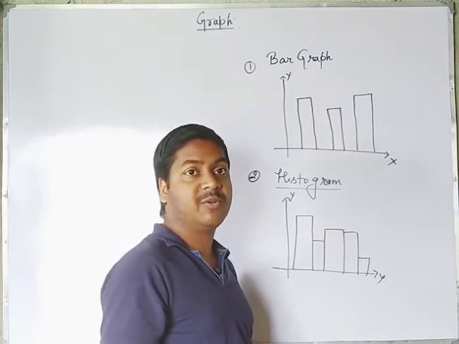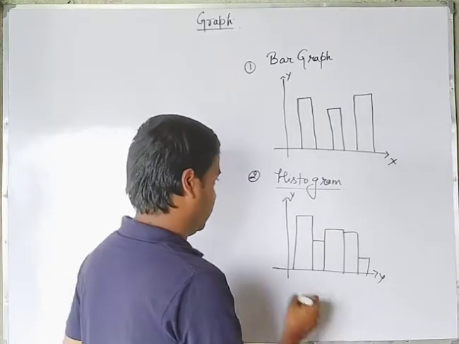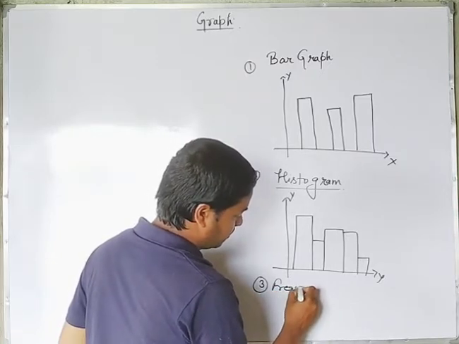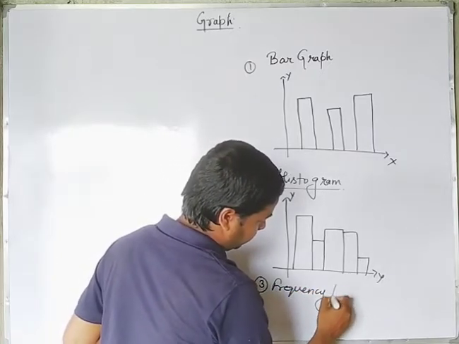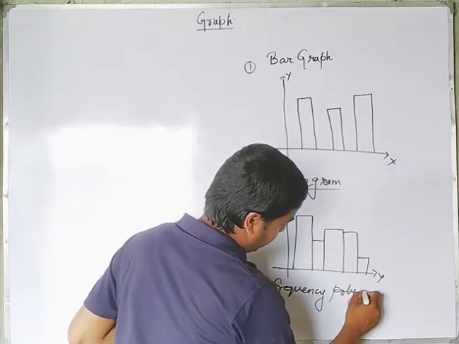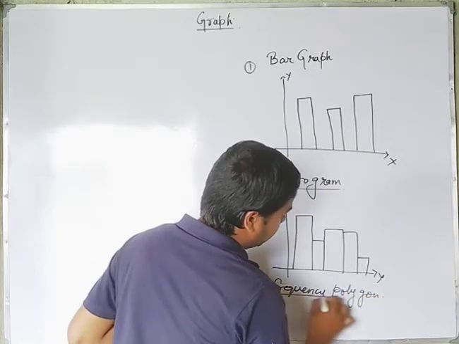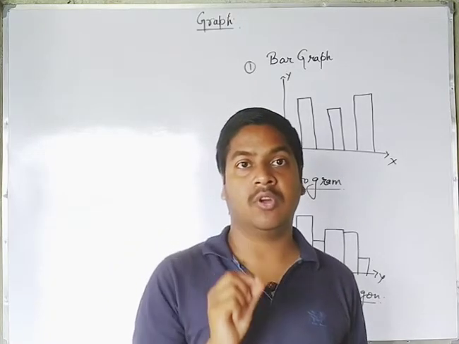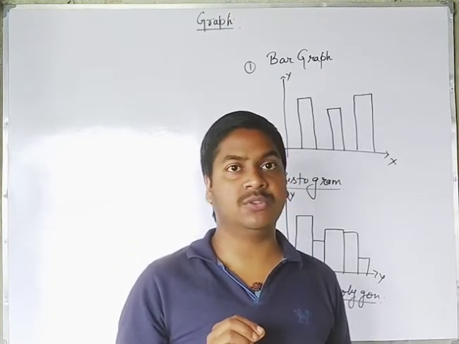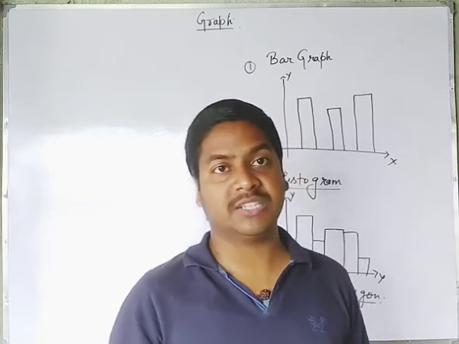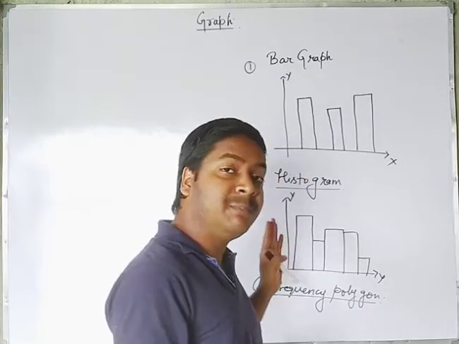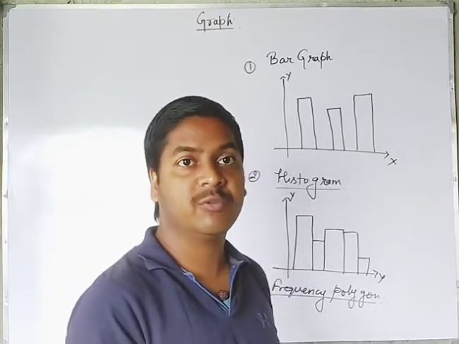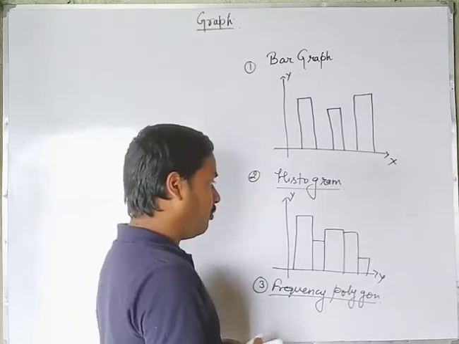Next is the frequency polygon. That third one is known as the frequency polygon. Frequency polygon means a simple line or polygon, as you know from the last class. Whichever graph is formed using lines only is known as a frequency polygon. How do we do that?